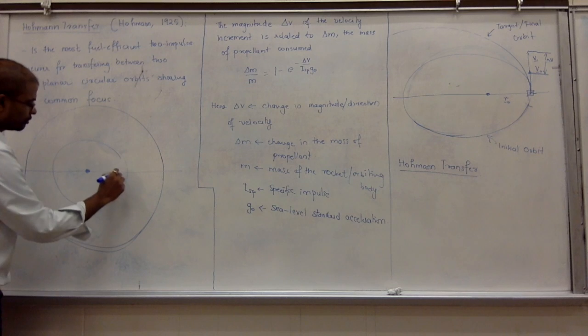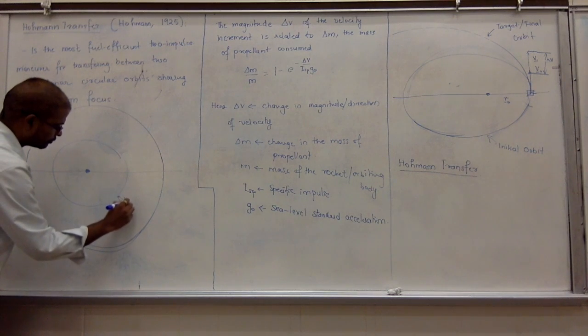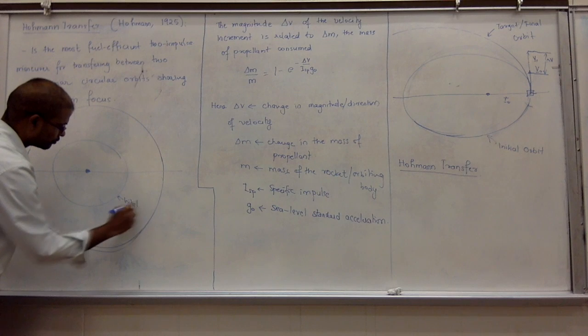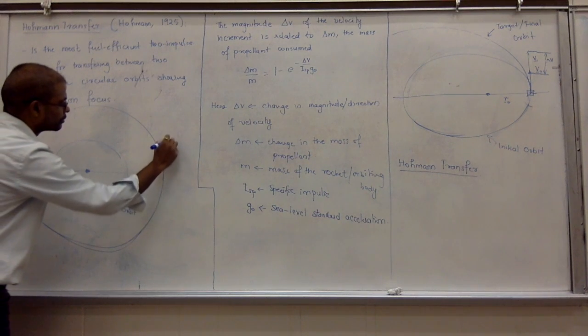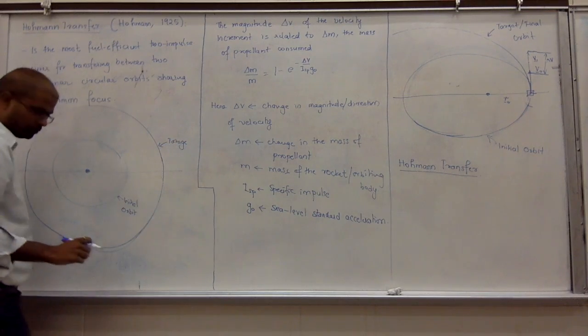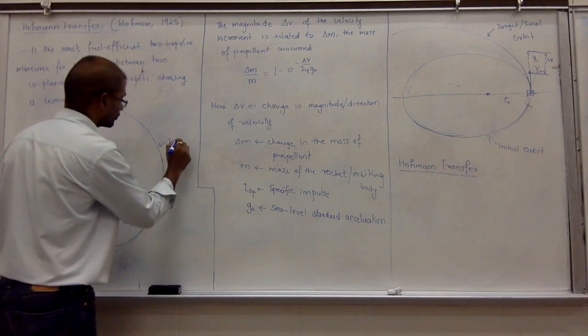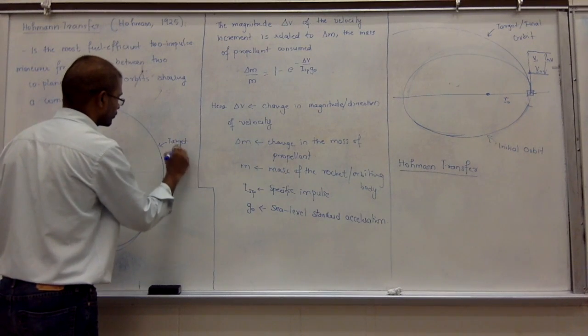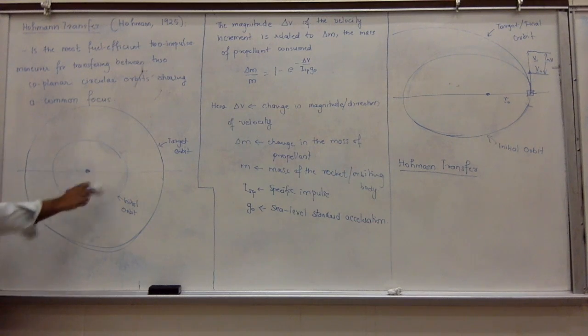So initially, let's say this is the initial orbit. And this is the target orbit. So what you're going to do is, you're going to get into this initial orbit, okay?